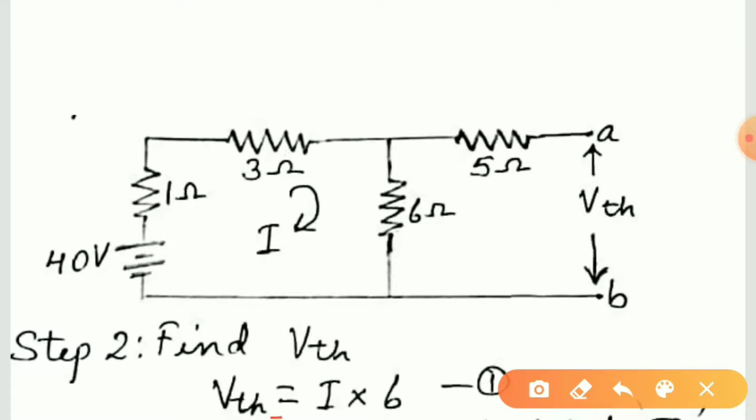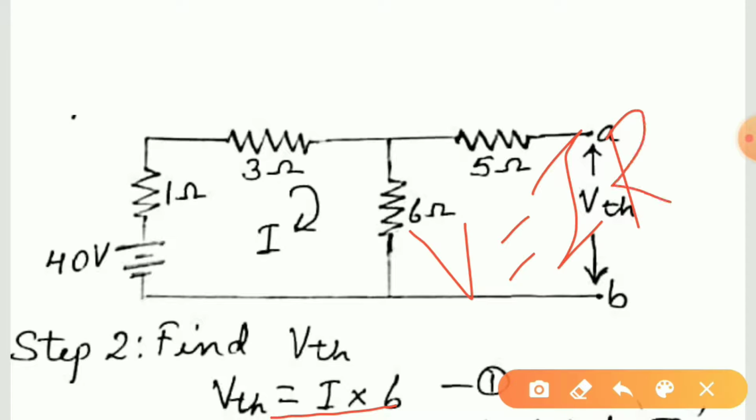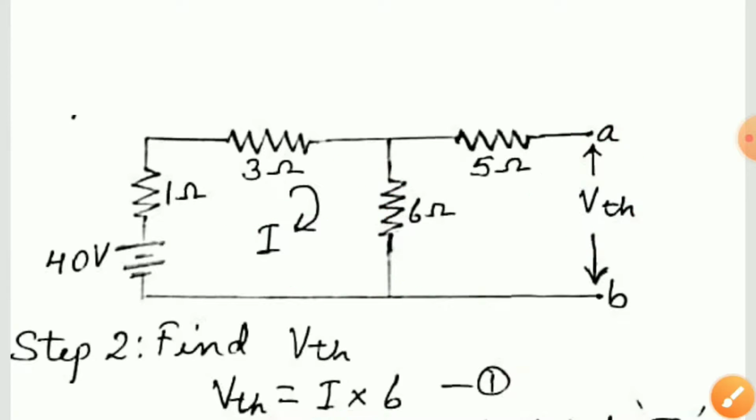VTh can be obtained as, from Ohm's law, V is equal to I into R. Current I flowing through this resistor 6 ohm.